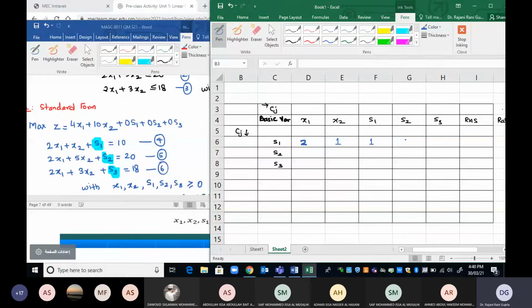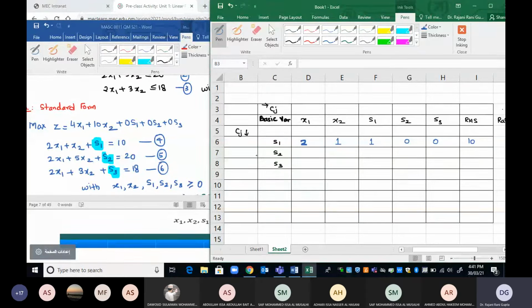And the right hand side term is 10. I'm repeating again. S1 is the slack variable given in equation number 4. We write the coefficients of x1, x2, s1, s2, s3 from equation 1 over here. So always we select the coefficient with sign. If it is minus 2x1, then we should write minus 2 here. So the sign is important.